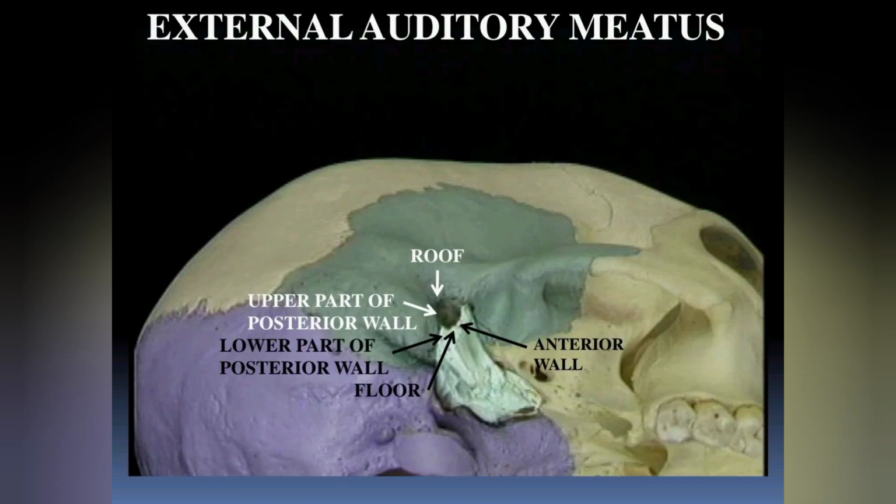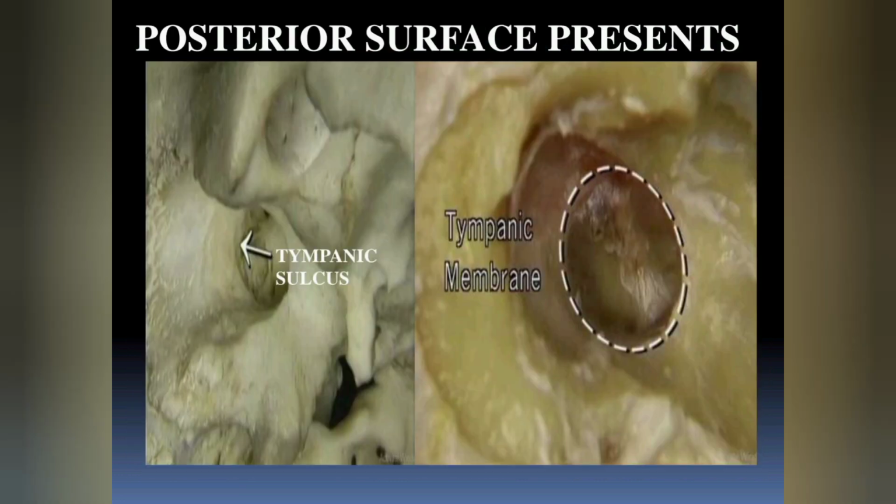The anterior wall, the floor, and the lower part of the posterior wall of the external auditory meatus is formed by the tympanic plate of the temporal bone. The roof and the upper part of the posterior wall is formed by the squamous part of the temporal bone. Posterior surface of the tympanic part has a sulcus called tympanic sulcus, which lodges the tympanic membrane.